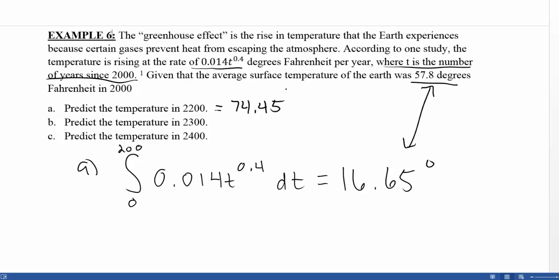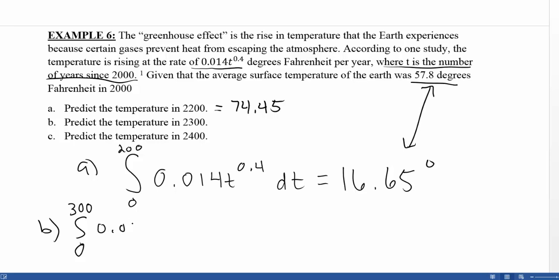So the predicted average temperature for the year 2200 will be 74.45 degrees. If we want to do the same thing to predict the temperature in the year 2300, we're now going to change the bounds on our integral to go from 0 to 300, because now time is going from 0 to 300 to reflect going from the year 2000 to 2300.